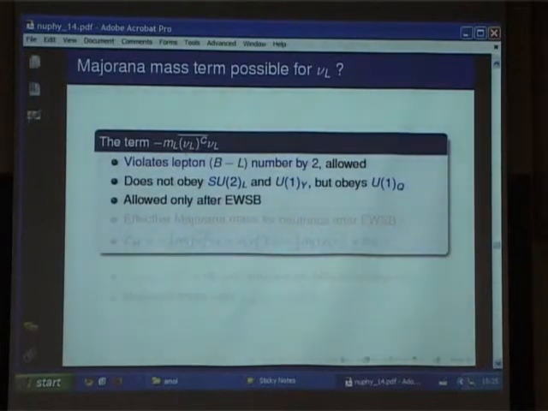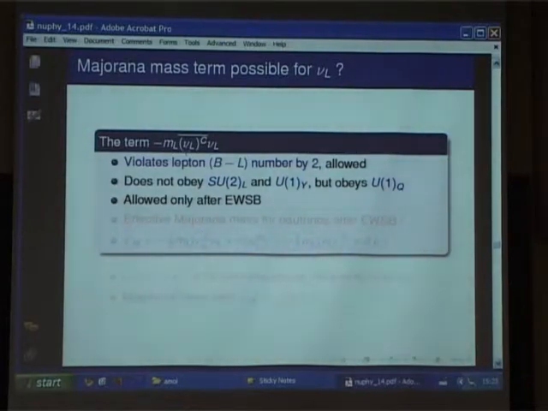Therefore, if we are talking about something after electroweak symmetry is broken, electroweak symmetry is SU(2) times U(1), we know that the Higgs breaks electroweak symmetry. So once you have symmetry breaking by the Higgs, you no longer satisfy SU(2) and U(1). You only satisfy U(1) electromagnetism.